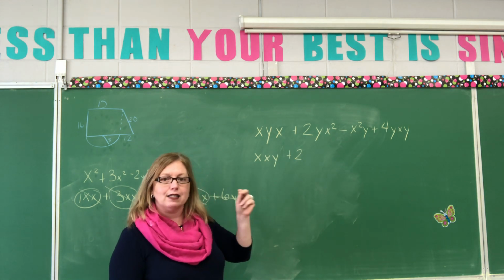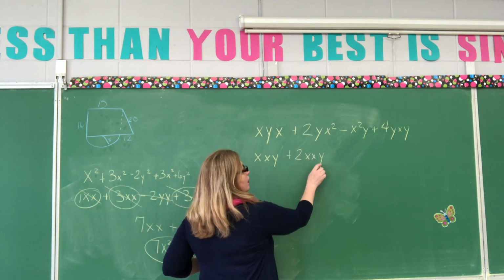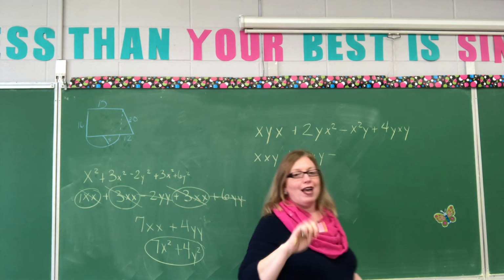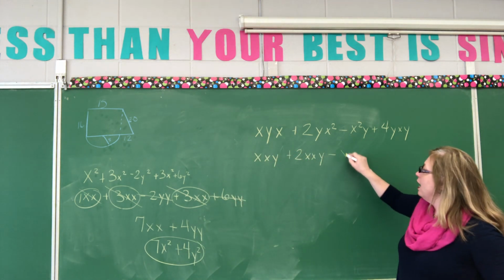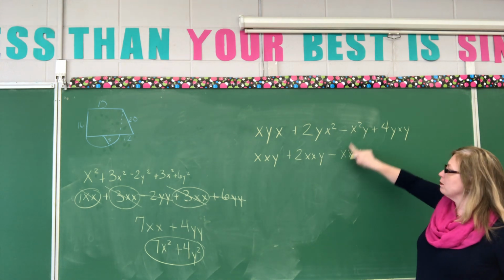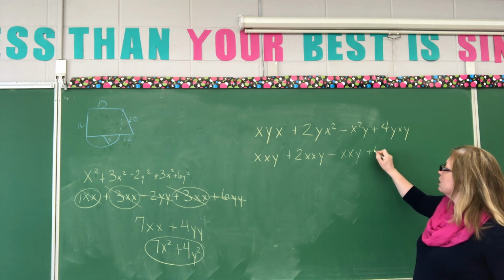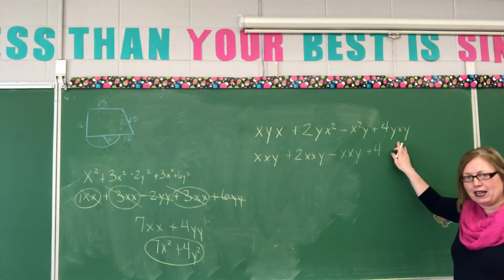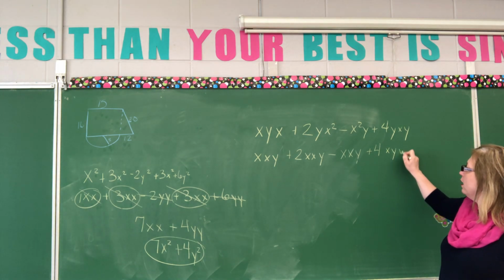It means x times x. So xxy. Minus, now we have x squared y. What does the x squared mean? It means xxy, because x squared simply means x times x, and I already had the y. Plus 4. Now this is already written out for me, but they're not in the right order. So I'm going to change it and say xyy.